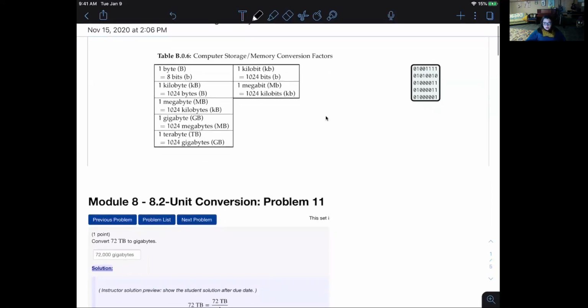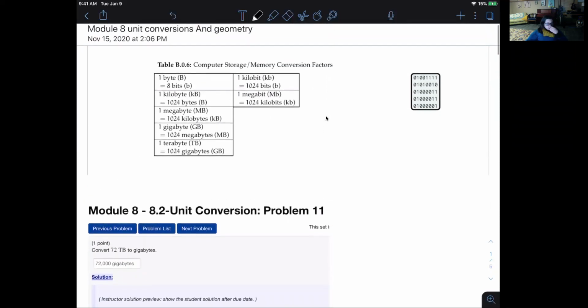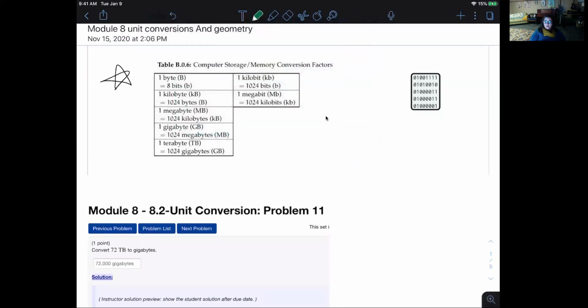The first was on unit conversions, and the tricky thing is I took this screenshot from our conversion chart that should be in your Desire to Learn.